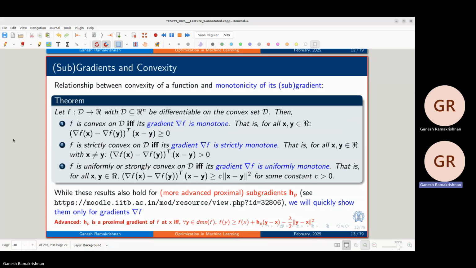It is strictly convex if and only if every subgradient of f is strictly monotone, and strongly convex if and only if every subgradient is strongly monotone. So I drop differentiability and replace gradient with subgradient. Does this hold? Please think about it. I'll leave you with this homework problem. Is this problem clear?